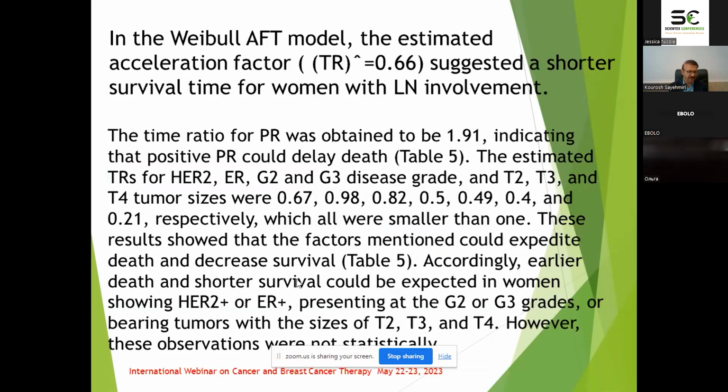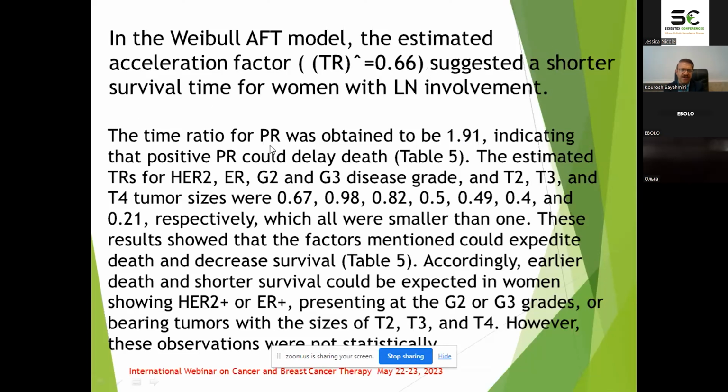In the Weibull AFT model, the estimated accelerated failure time ratio, TR, is 0.66, which suggests a shorter survival time for women with LN involvement. When the time ratio is less than 1, survival time is shorter and the patient dies sooner.